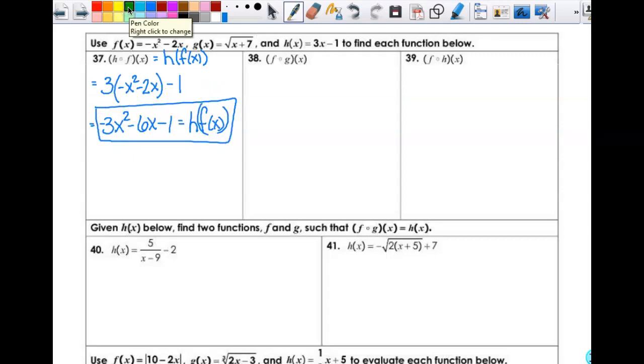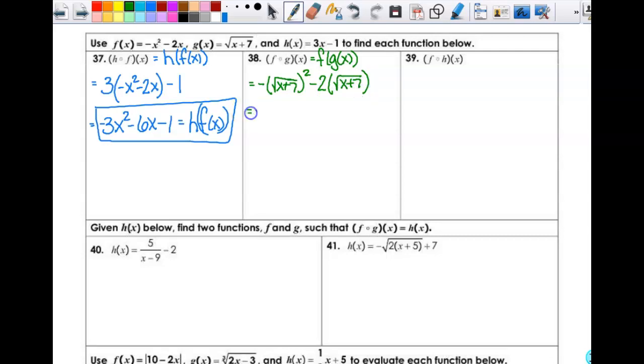Okay. Then I want f of g of x. So I'm going to take g of x, put it into f of x. So I have negative square root of x plus 7, squared, minus 2 times the square root of x plus 7.